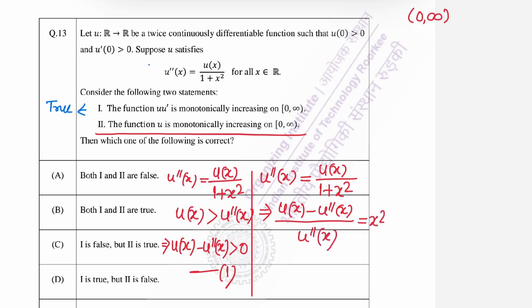Okay, and this can again be rewritten as (u(x) minus u double dash x) by u double dash x, and you know this thing is not 0 because I have omitted the value 0. Notice that. So x square will be positive.